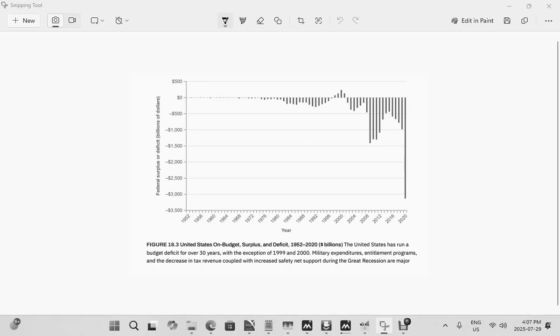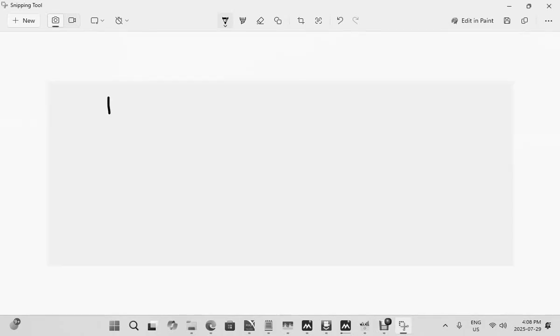Whenever you have a federal deficit, you have to consider the impact of a federal deficit on things like private savings, private investments, trade deficit, and so forth. And we know what the formula is for your private savings.